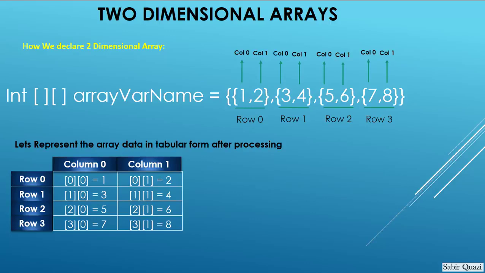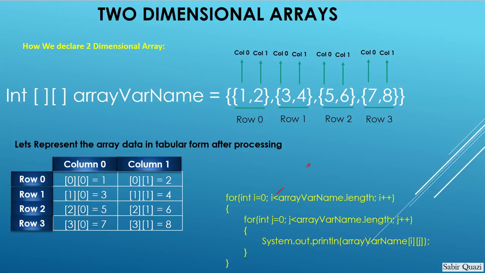We access the elements of a two-dimensional array using two for loops. The outer loop represents the rows, and the inner loop represents the columns.